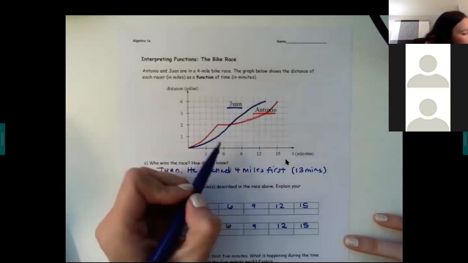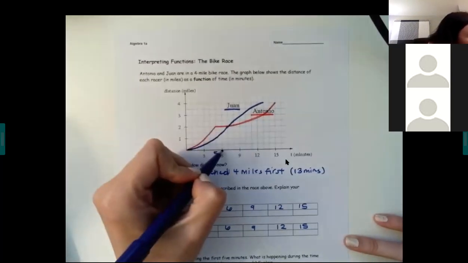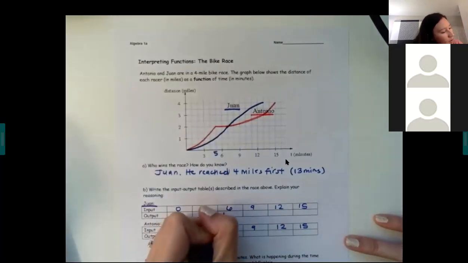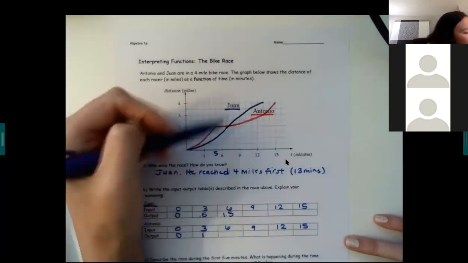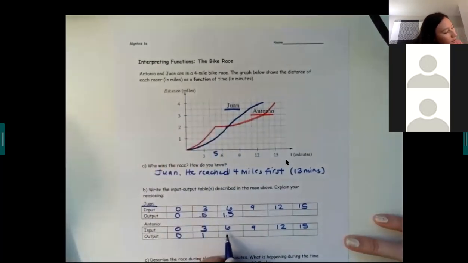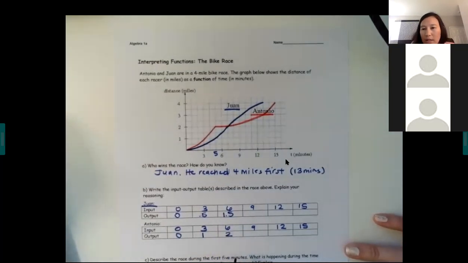At 6 minutes, Juan is at about 1.5 miles, while Antonio is at 2 miles. You guys have any questions about how I'm getting the outputs?